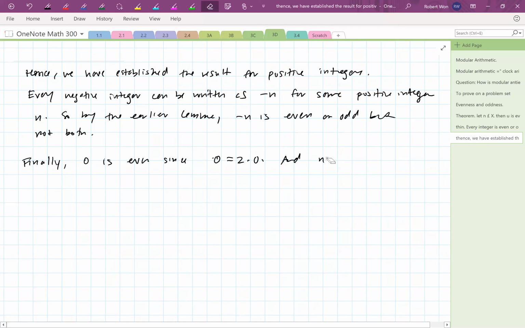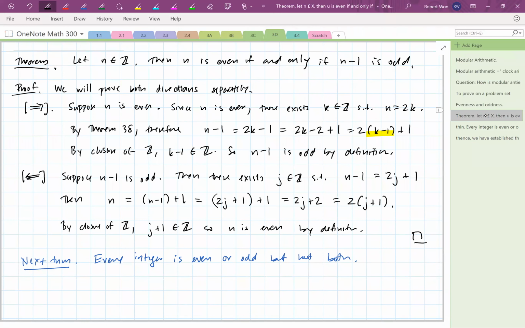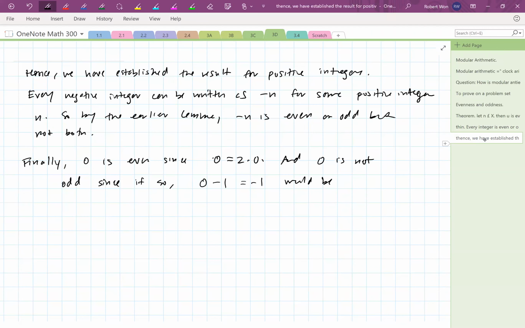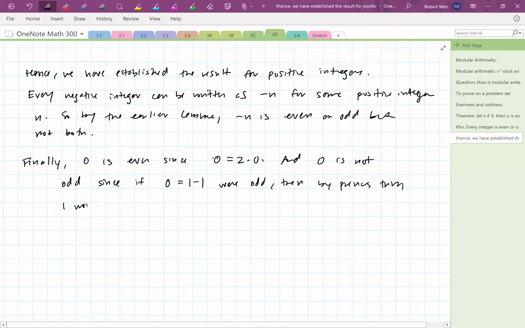And 0 is not odd, since if 0 equals 1 minus 1 were odd, then by the previous theorem, 1 would be even, which it is not. If n minus 1 is odd, then n is even.